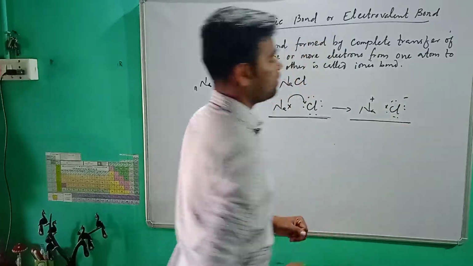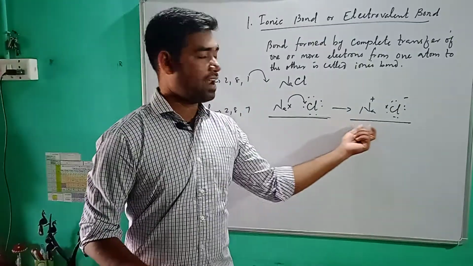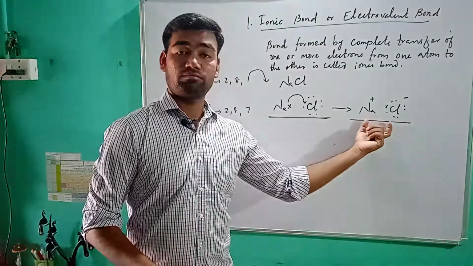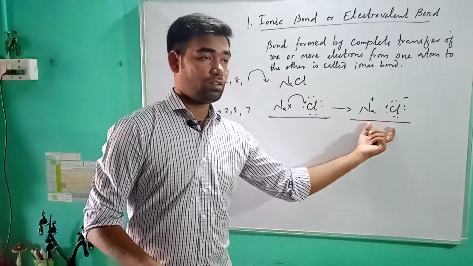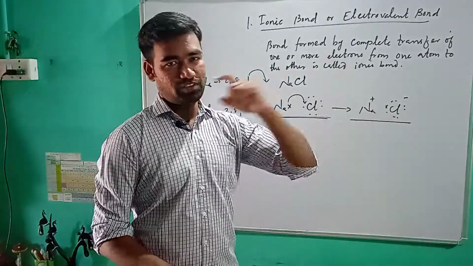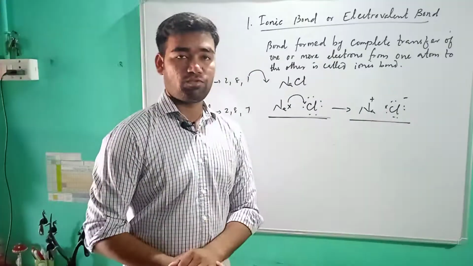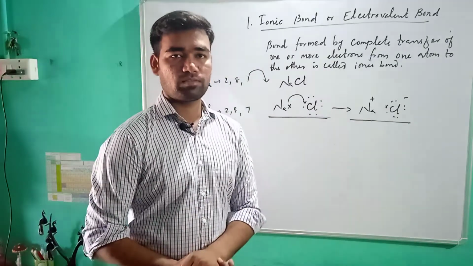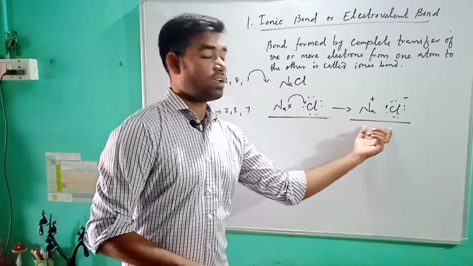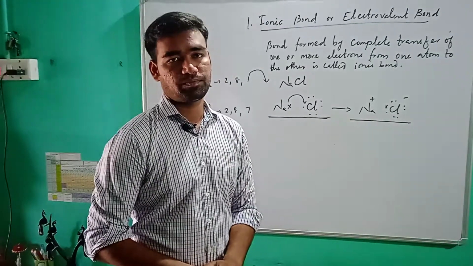So now there is a positive and negative ion in this structure, or in this picture, you can say. So now these opposite ions attract each other with a very strong electrostatic force, and that is how an ionic bond is formed.